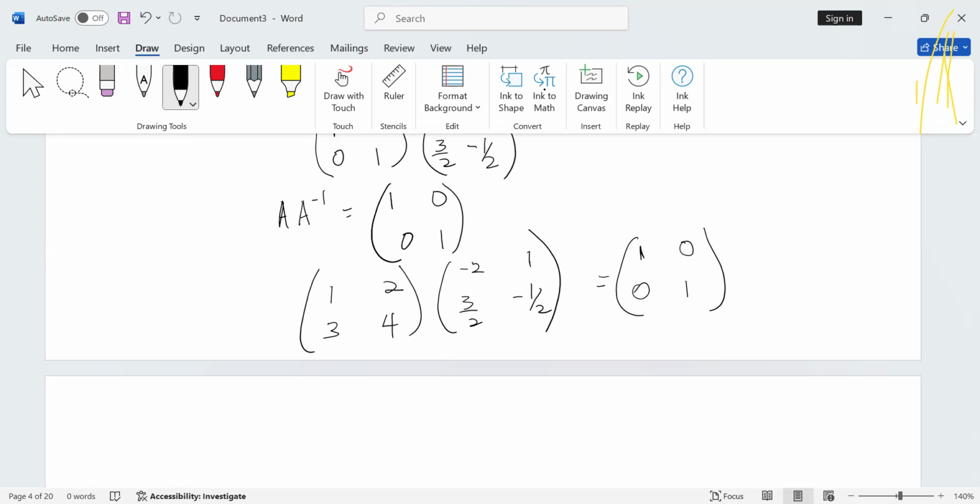So once you get this, you know that this is the inverse of that one, because a matrix times its inverse gives you its identity matrix.